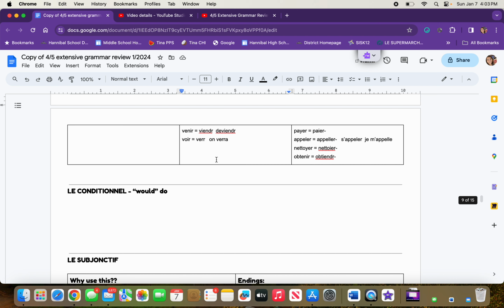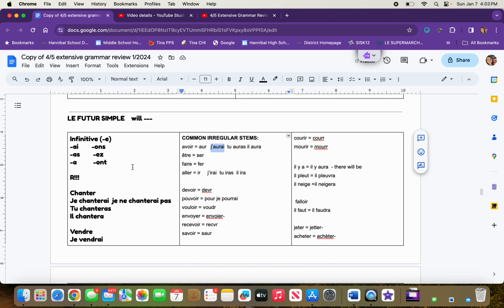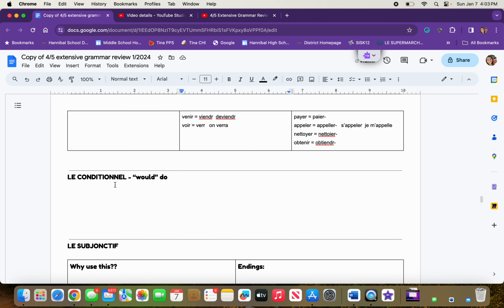The reason I said these two are so similar is because you really already know how to form it. You're just going to take the same root as the future, so future root, and then you're going to add it to some endings, those you already know, and those are the imparfait endings. That's all you're doing. You're taking two things you 1000% already knew how to do, future root plus imperfect endings.